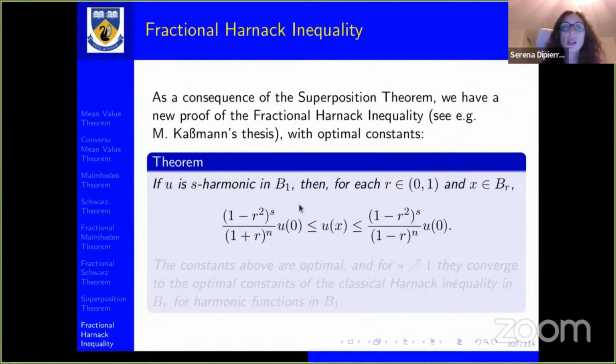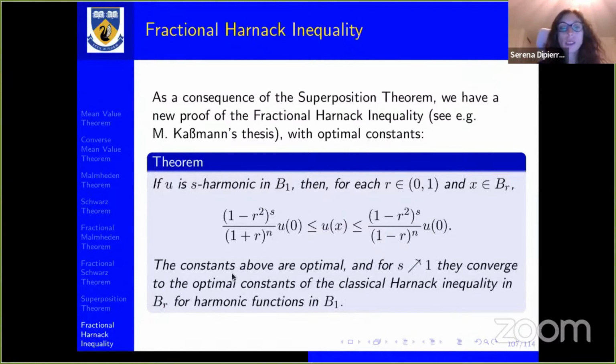So this is the fractional Harnack inequality. The constants are optimal, so you can't do better than this. And also, when s goes to 1, these constants converge to the optimal constants of the classical Harnack inequality in BR for harmonic functions in B1.